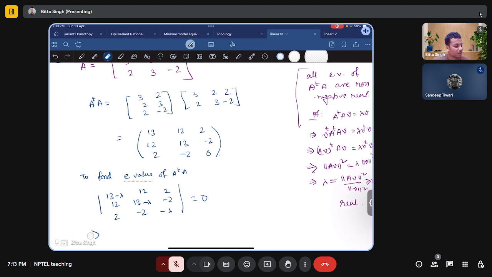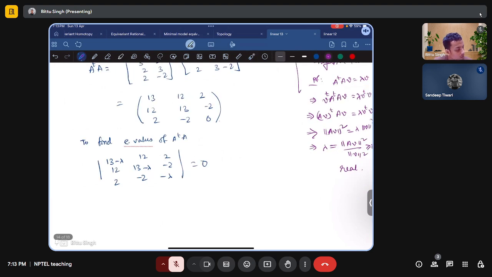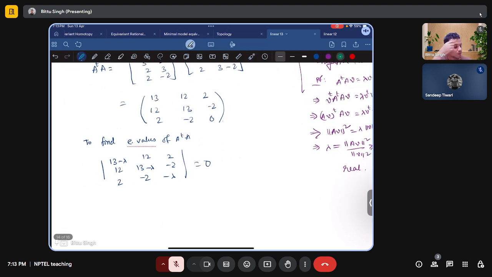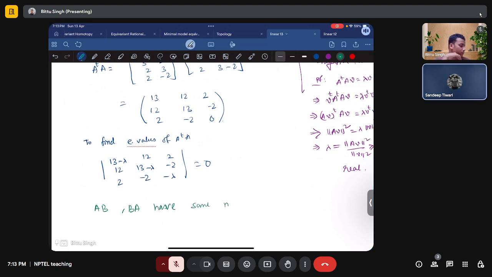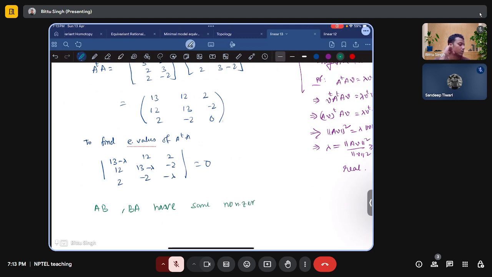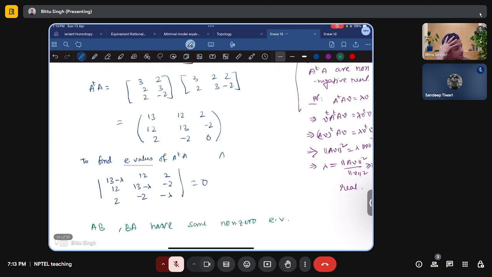So let us find eigenvalues of A A transpose. Whatever idea you are suggesting is better. We know AB and BA have the same non-zero eigenvalues.